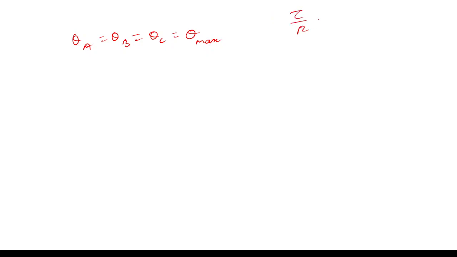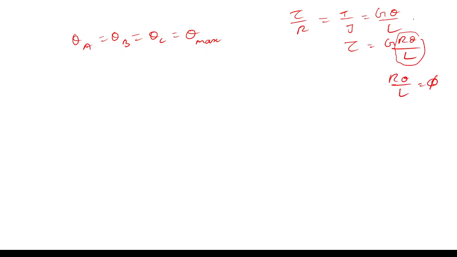Tau by R equals T by J, equals G theta by L. So if I write this, tau is equal to G into R theta by L. And what is this R theta by L? It is nothing but phi.